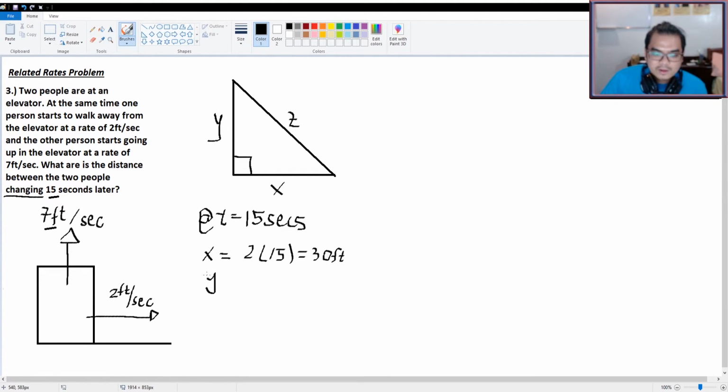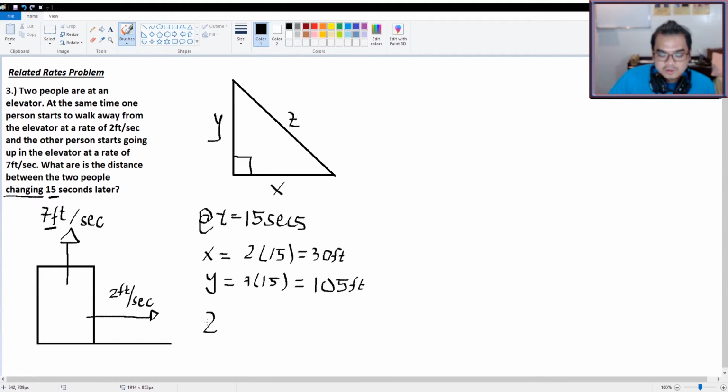While your y will be just 7 times 15, so that will be 105 feet. Is that right? Okay. Therefore, you will be able to compute for z.